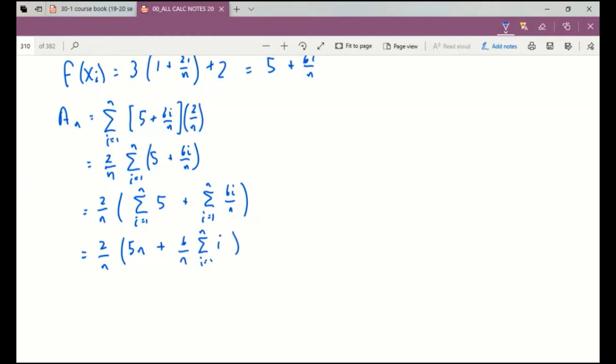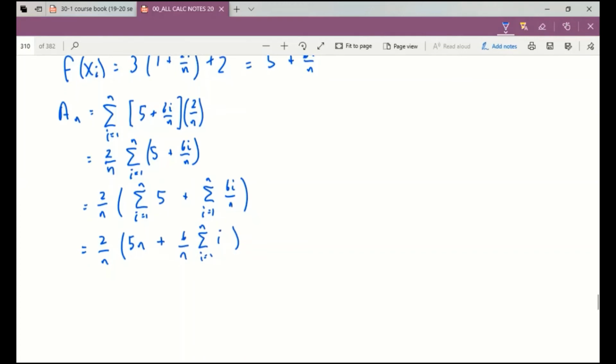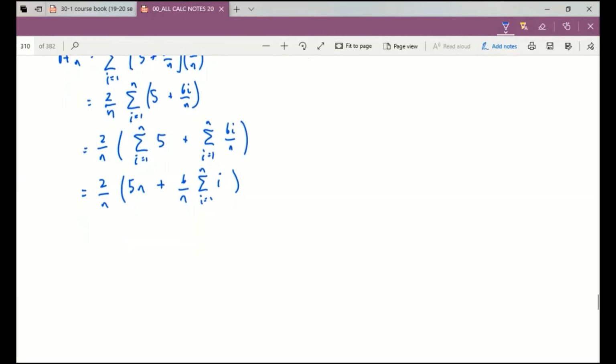Now we have an identity for that, which is why we did it at the beginning of this section: the summation from 1 to n, so 1 plus 2 plus 3 plus 4. It simplifies to n squared plus n over 2, or n times n plus 1 over 2.